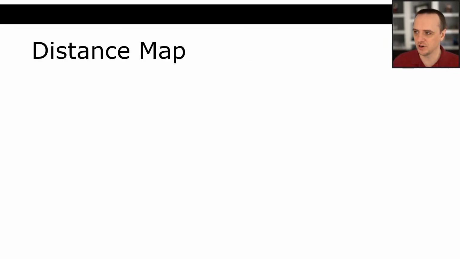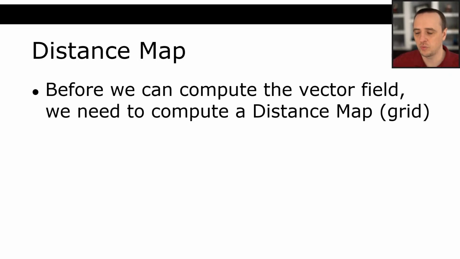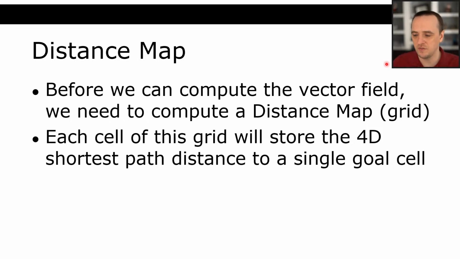So I'm going to go over this. I know I've explained this already, but I just have some slides on this. So the distance map: before we compute the vector field, we need to compute a distance map, which is another grid. Each cell of the distance map grid will store the 4-directional shortest path distance to a single goal cell.